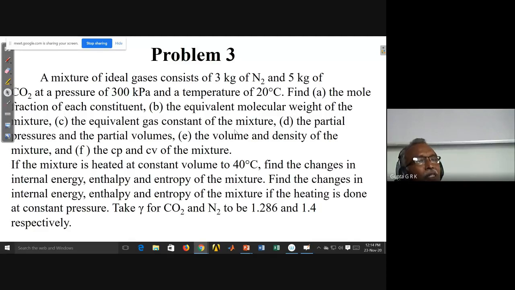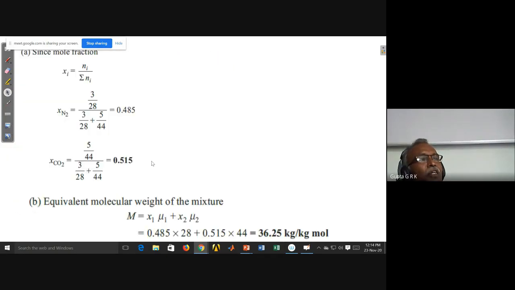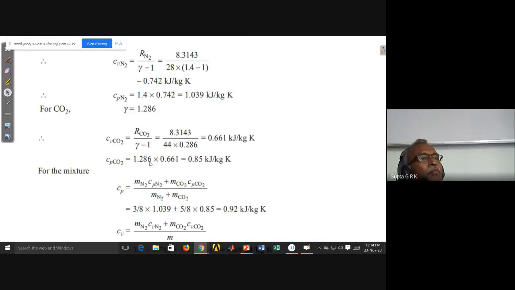We can find out the gas constant. We can find out the partial pressures. We can find out the partial volumes and the total volume and the density of the mixture. And Cp and Cv also we can find out in the same way, right? We have seen how to find out the internal energy or enthalpy or entropy or Cp or Cv of the mixture using the mass fractions.